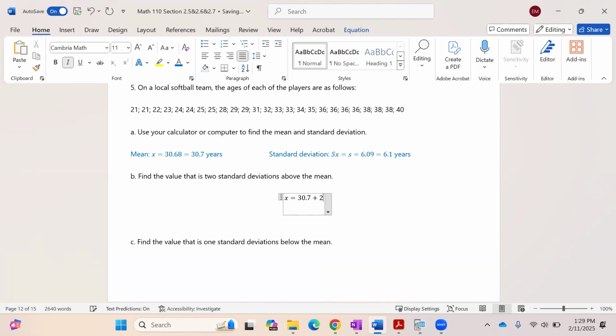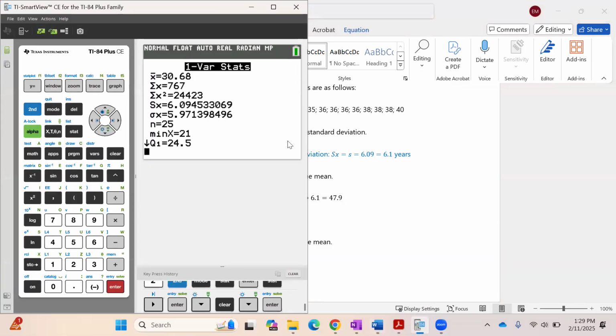So it's going to be 2 times our standard deviation that we found, so 6.1. We're going to do this calculation. So let me jump to the calculator and show you this calculation.